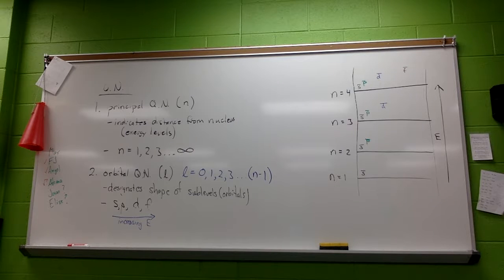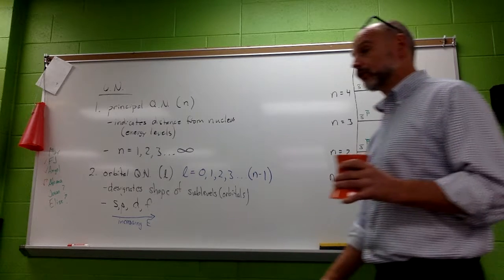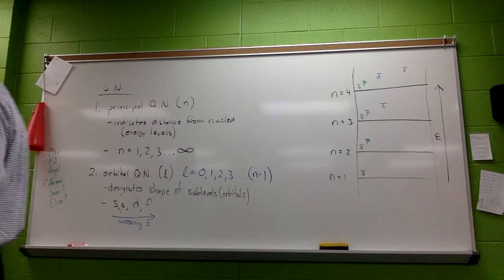Over on the lower right-hand page, the drawing on the bottom right is trying to show you the general distance from the nucleus for each of the energy levels. Notice that there's a large gap between the first and second energy level. Would you agree?